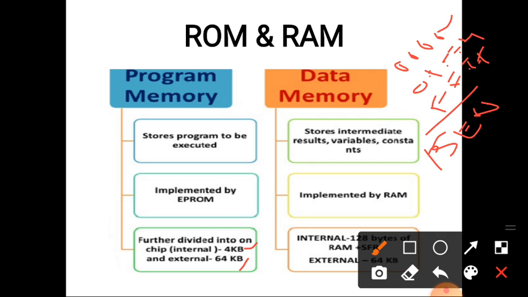Here it may be noted that the map of internal program memory overlaps with that of the external program memory. However, these two memory spaces can be distinguished using the PSEN bar signal. In the case of the ROM-less version of the 8051, the PSEN bar signal is used to access the external program memory.